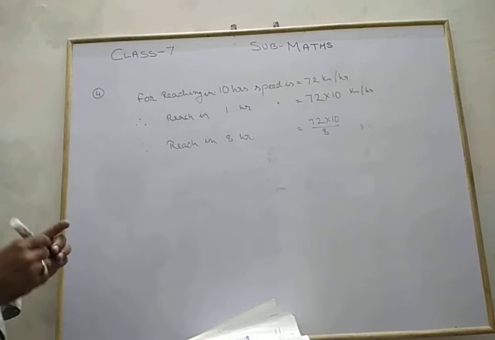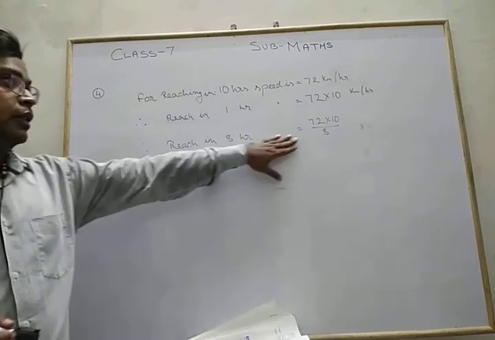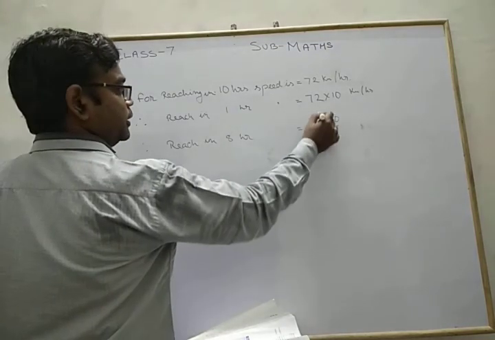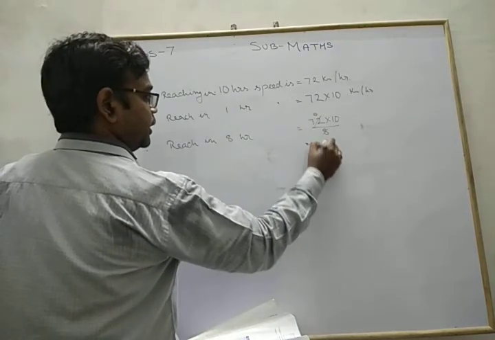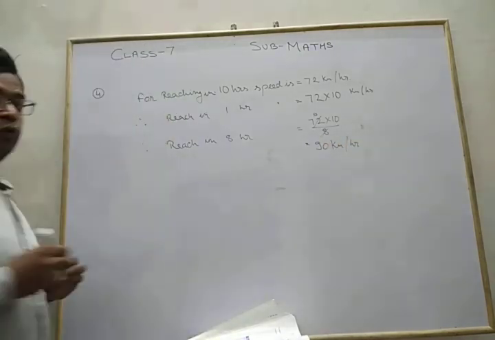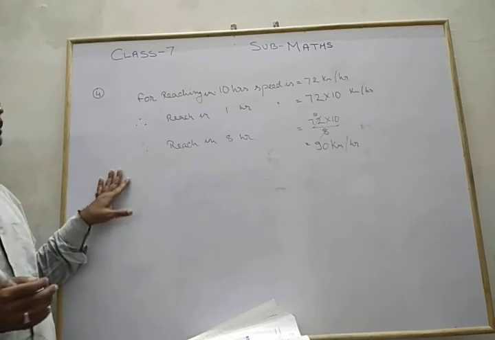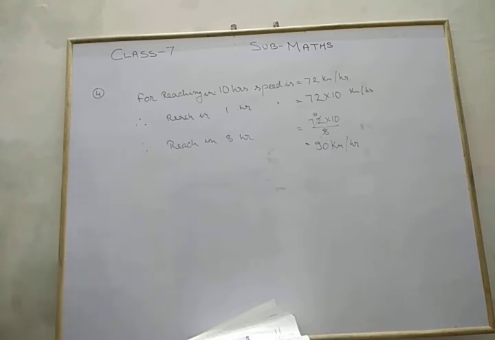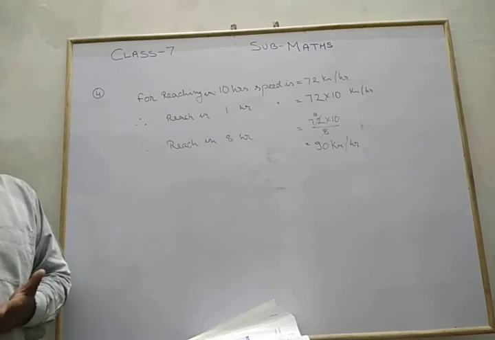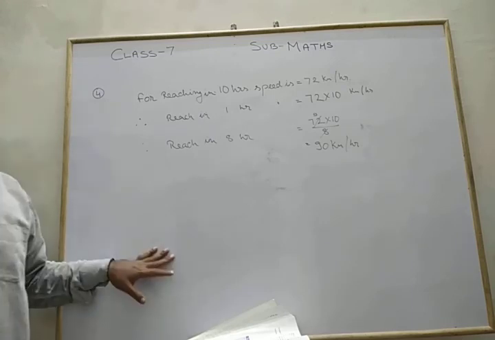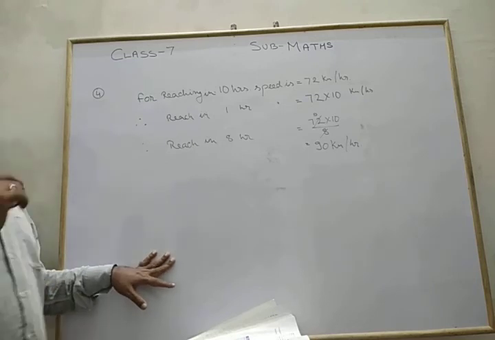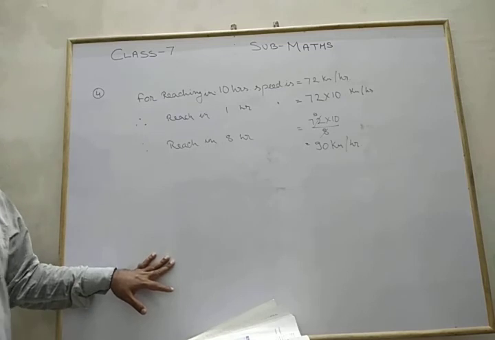In case of indirect variation, in the final line we do the division. Speed is 90 km per hour. Now hope you understand how you solve the direct variation question and the indirect variation question, and how you find out where we use the direct variation method and where we use indirect variation. The topic is very simple.